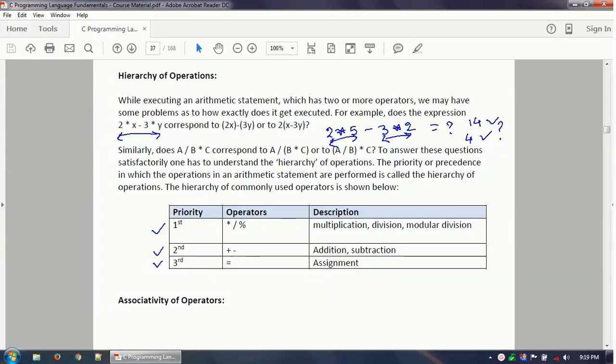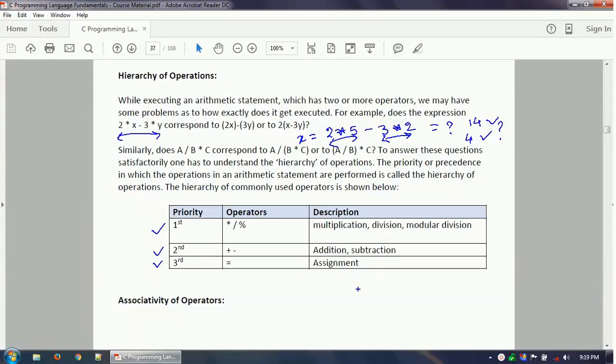So what happens to this particular expression? Let's say we are doing this: x is equal to 2 into 5 minus 3 into 2. According to this rule, the first priority is the multiplication, division and modulus. Here we have one multiplication, one subtraction, and again another multiplication operator. So what will happen?